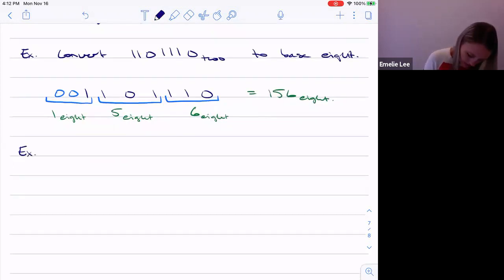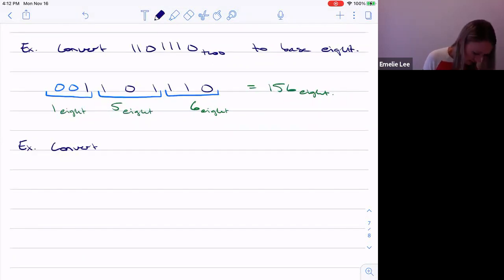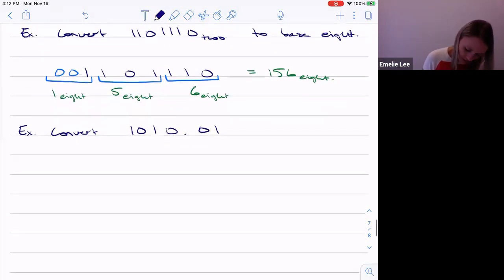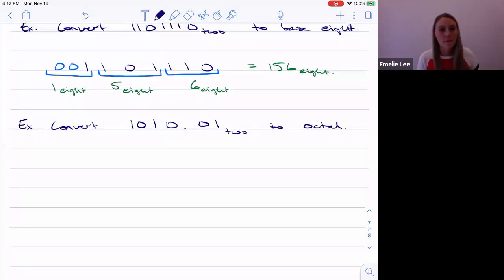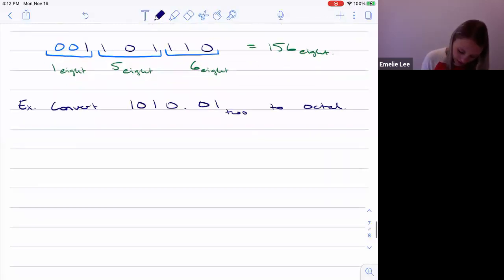Let's do another one. If we have to convert 1010.01 base 2 to octal. Again, I'm going to write this out nice and lofty: 1010.01.